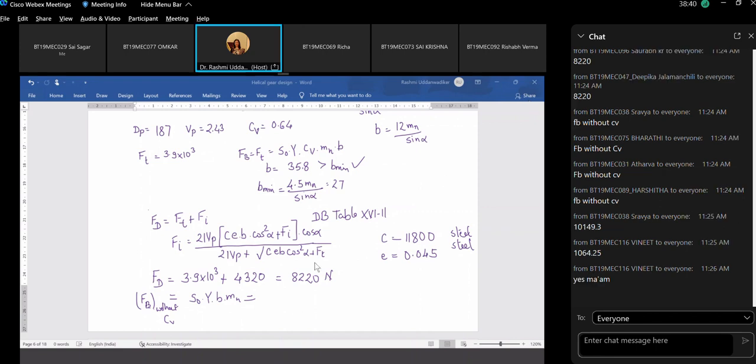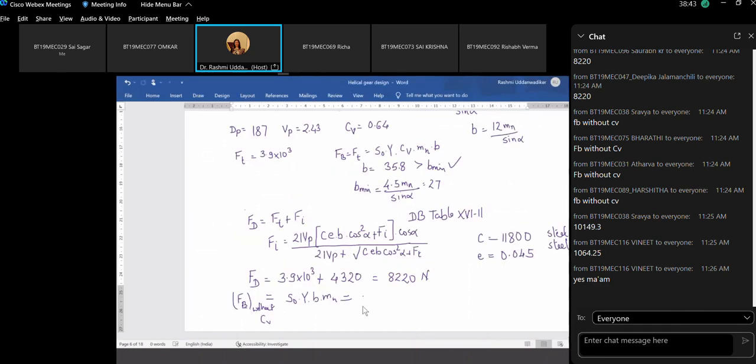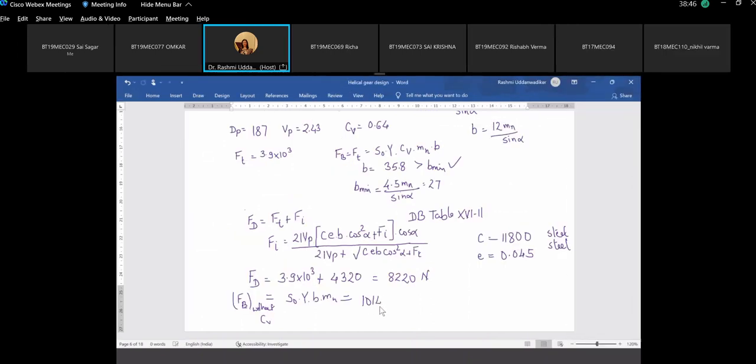Are you getting this as 10,000? 9,429. This is good. All we want is this value of FB should be greater than FD. So our gear is safe in bending.